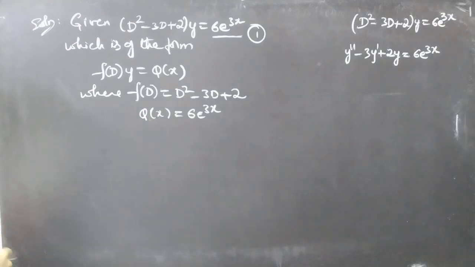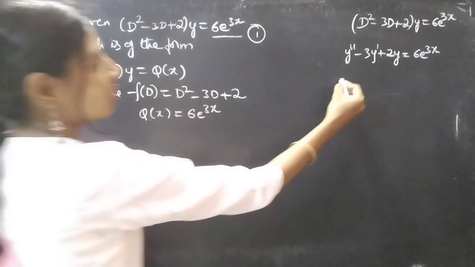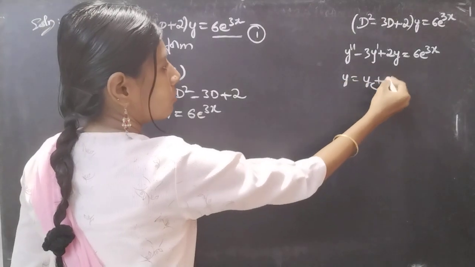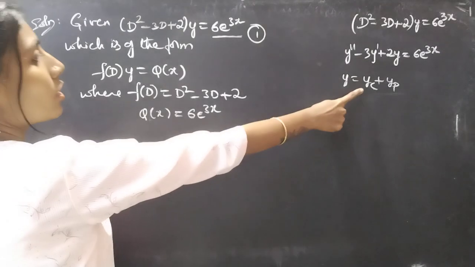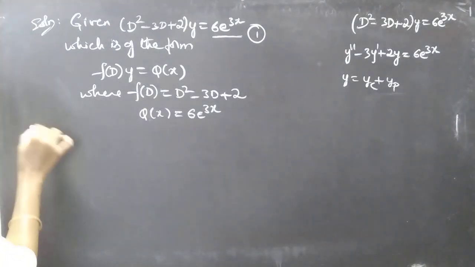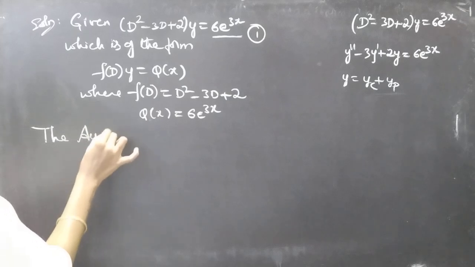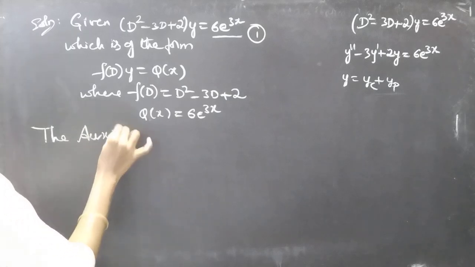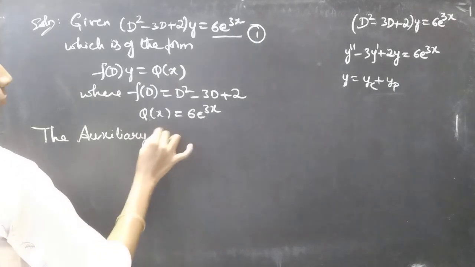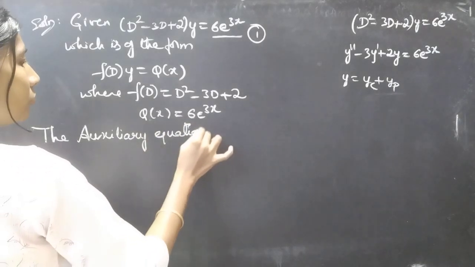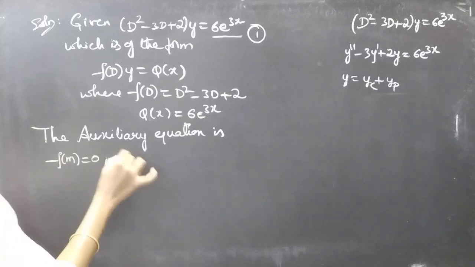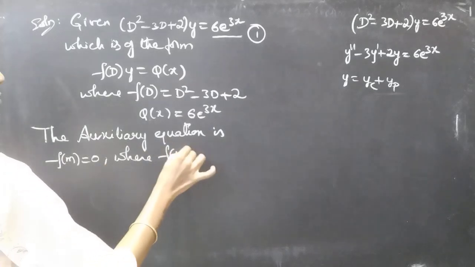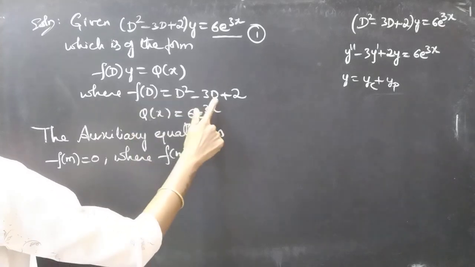Okay, now we need to find the general solution to the given equation, which is given by y = yc + yp, where yc is a complementary function and yp is a particular integral. We'll find yc using the auxiliary equation, f(m) = 0, where f(D) = D² - 3D + 2.